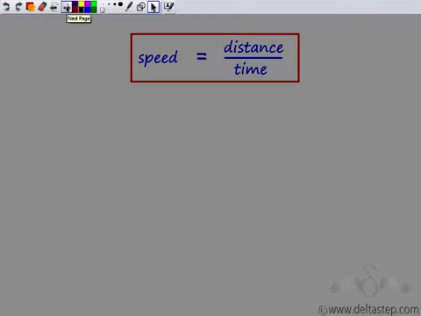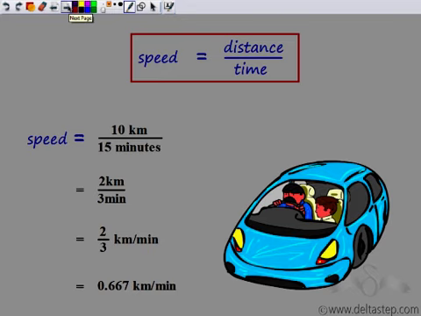This is 2 by 3 kilometers per minute. So I get this 2 by 3 kilometers per minute. Now this I can divide 2 by 3 and express it as a decimal number. So this gives me 0.667 kilometers per minute.